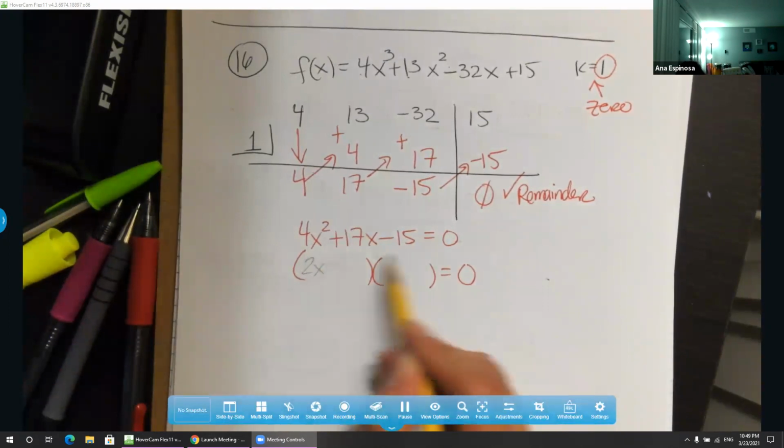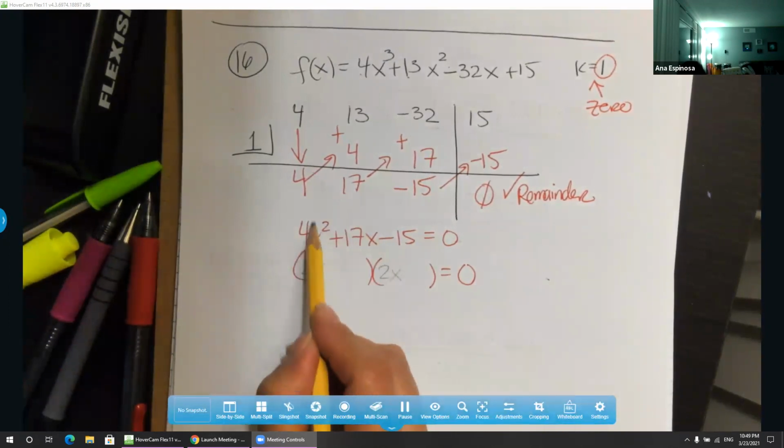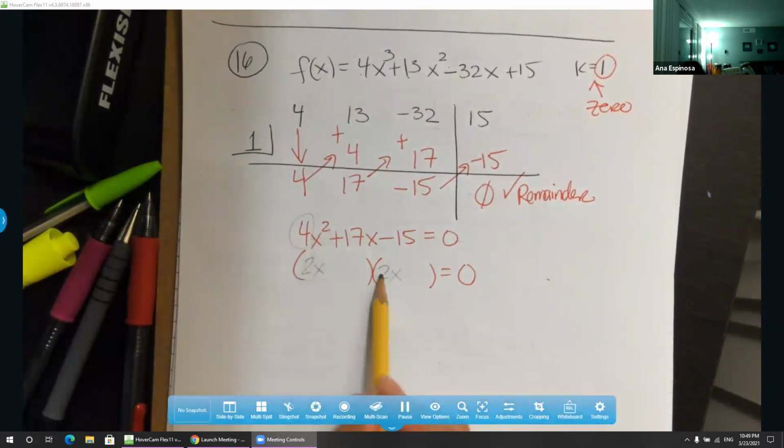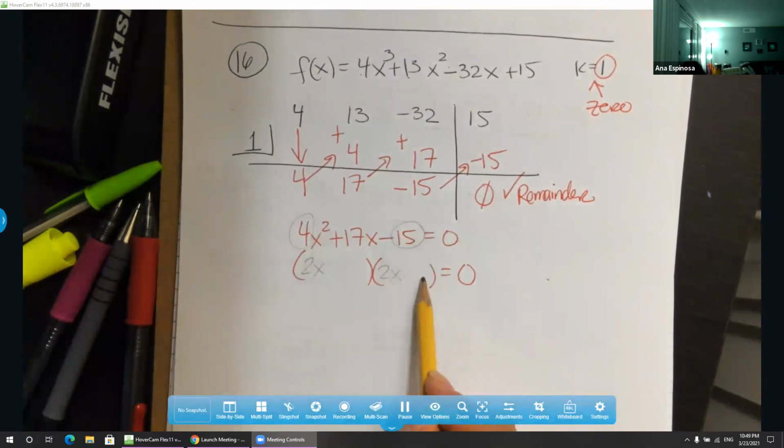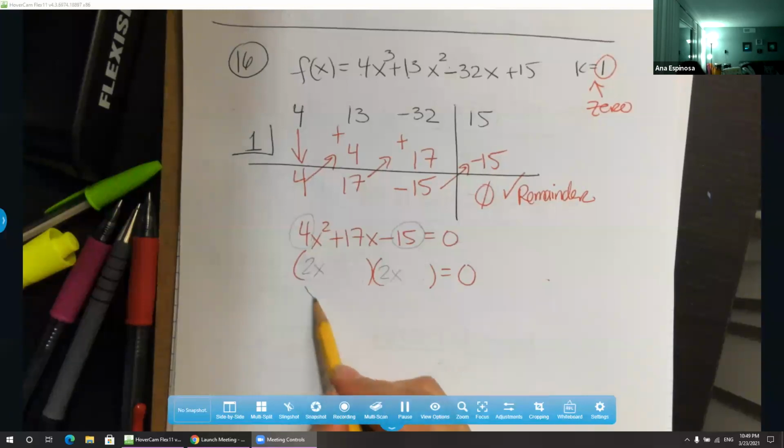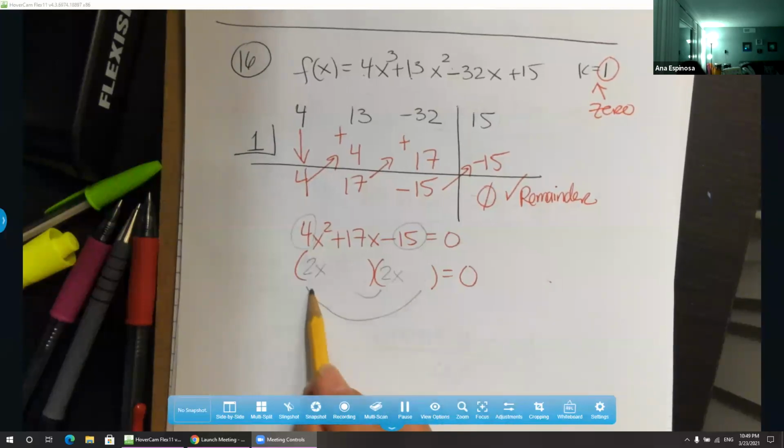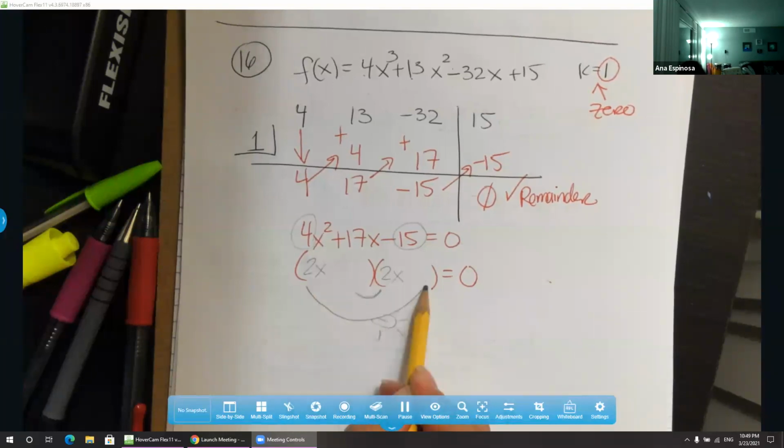Let's do 2x. So I'm doing the factors of 4, which go in here, with the factors of 15 that go here. And if I do have a face, that's the mouth, that's the nose. If I do outer and inner, I should get positive 17.